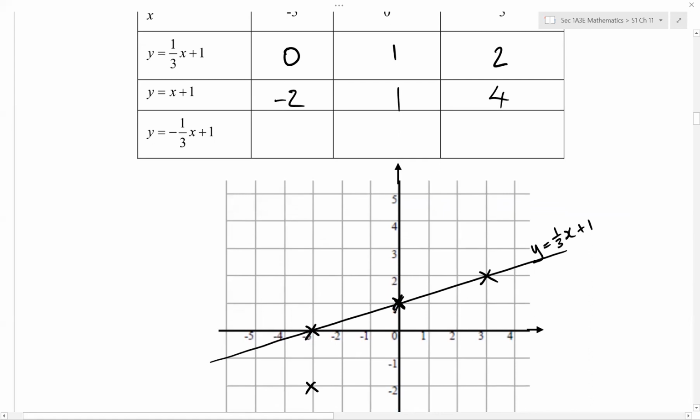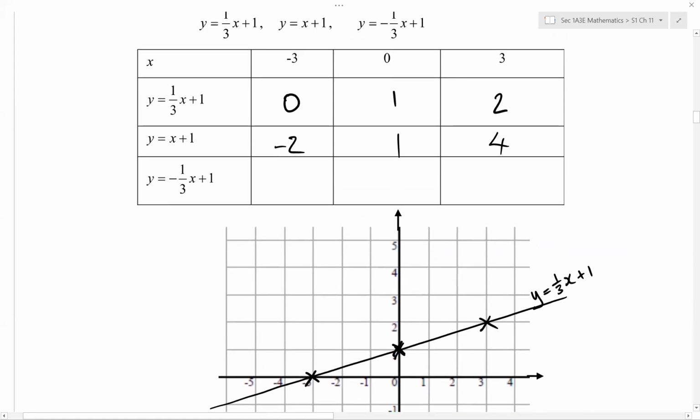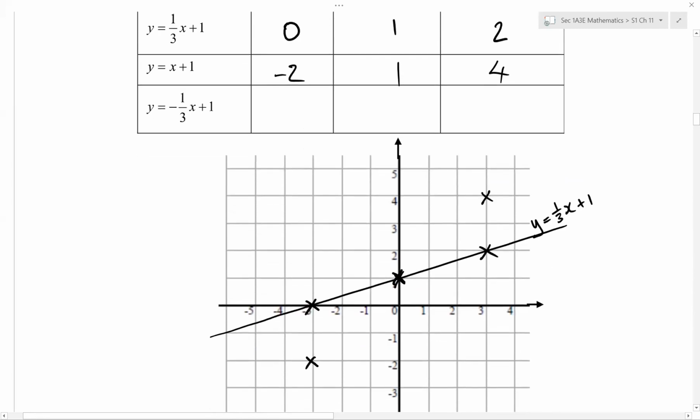Same cross. Next, block 3, level 4. Join them up. This is my graph of y equals x plus 1. The final graph.